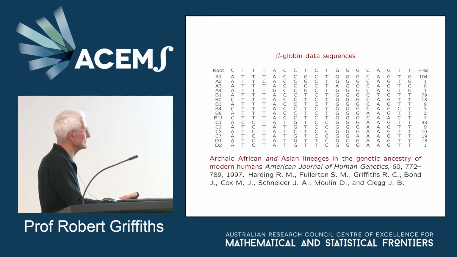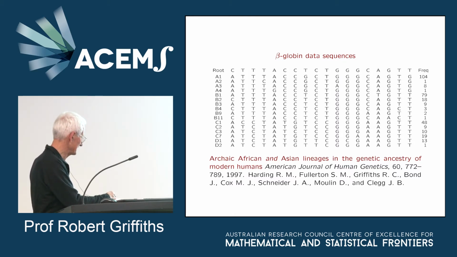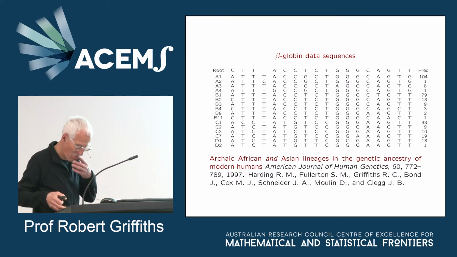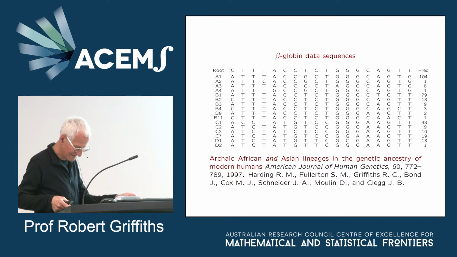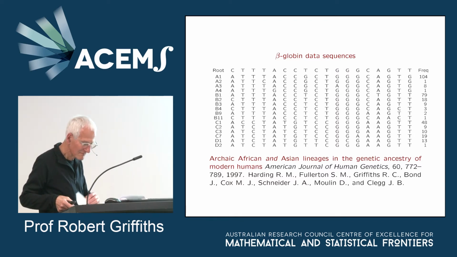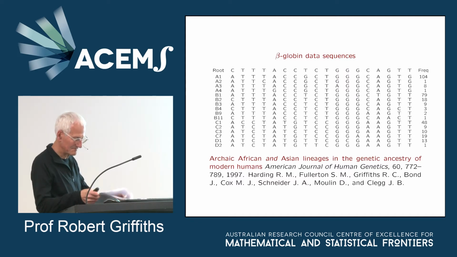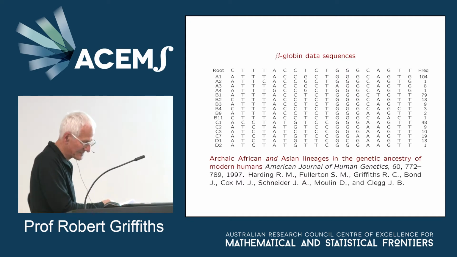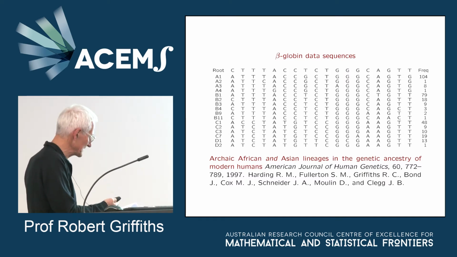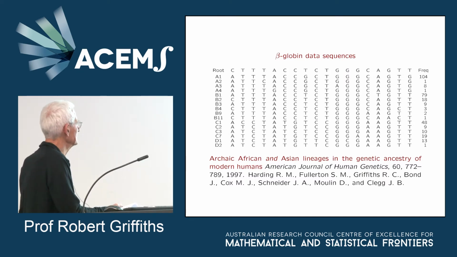This is a set of beta-globin data sequences here, and it's from this paper here. This was data from John Clegg's lab in Oxford, and there are 326 DNA sequences in the sample and 16 types, haplotypes, of different types of genes.